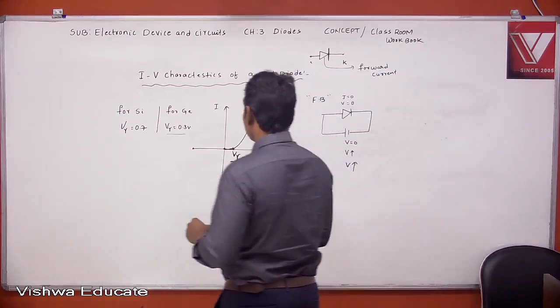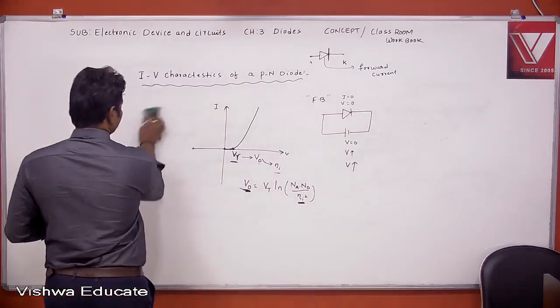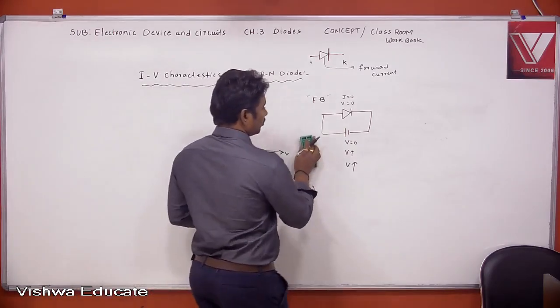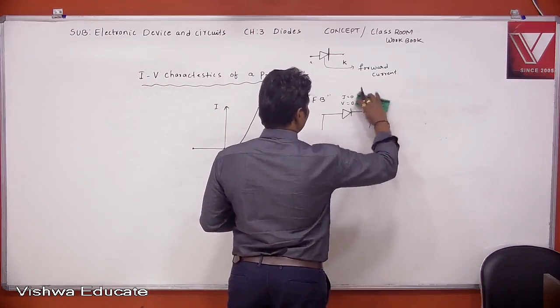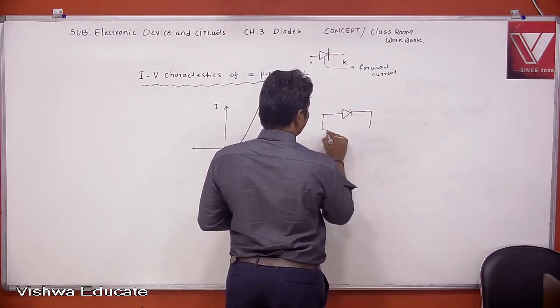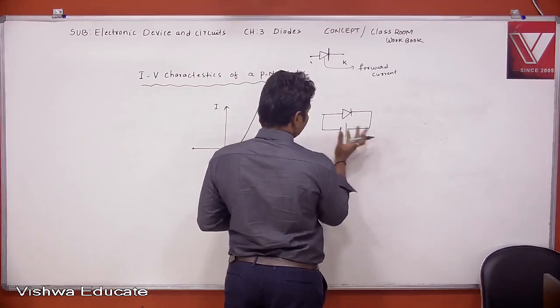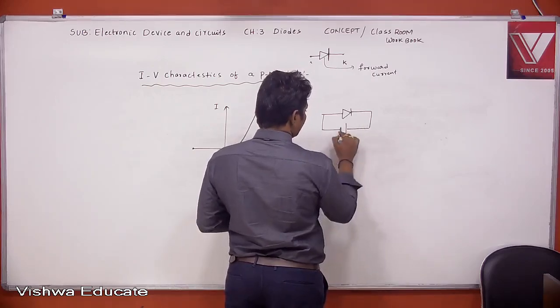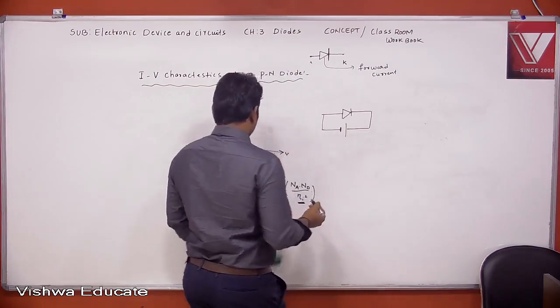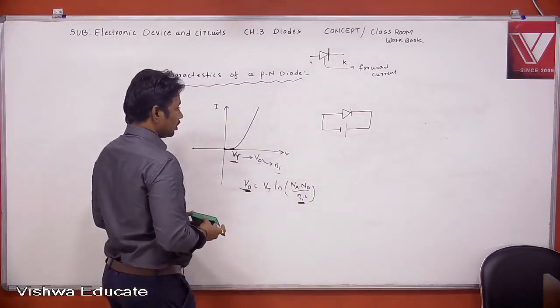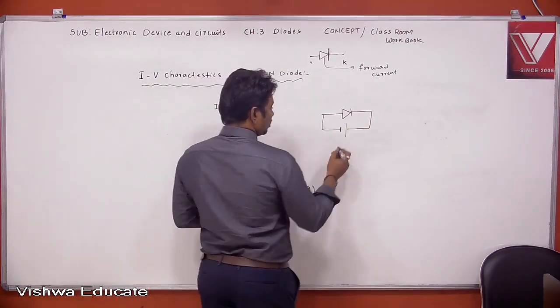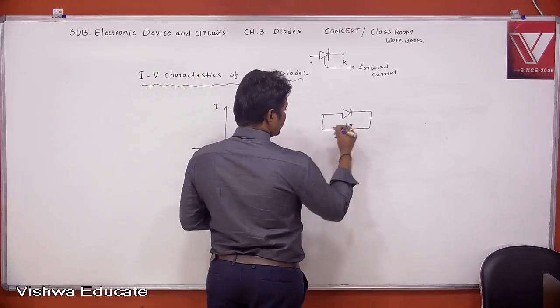Now coming to reverse bias. Reverse bias means interchange the battery potentials. In case of reverse bias, what happens when the reverse voltage is increased?